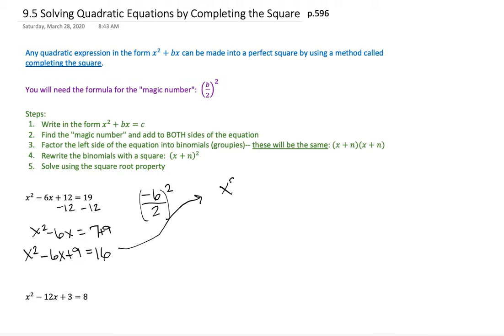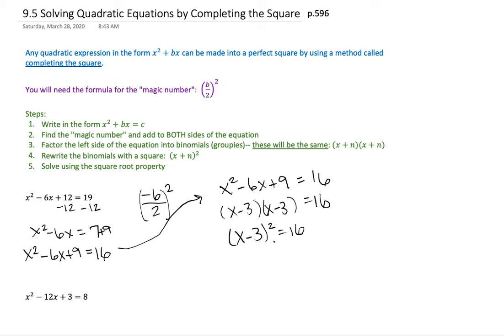This x squared minus 6x plus 9, you can factor that into binomials. And when you do that, you're going to see that you can write it as a squared. So that's what you should do. Write x minus 3 squared equals 16.